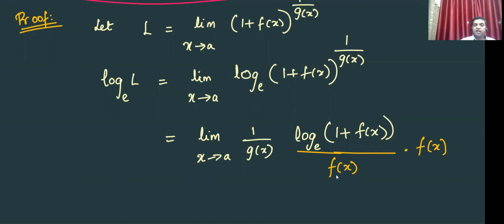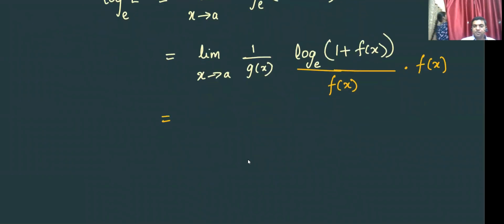Now what happens as x tends to a? f of x tends to 0, right? So f of x is tending to 0, g of x is tending to 0.